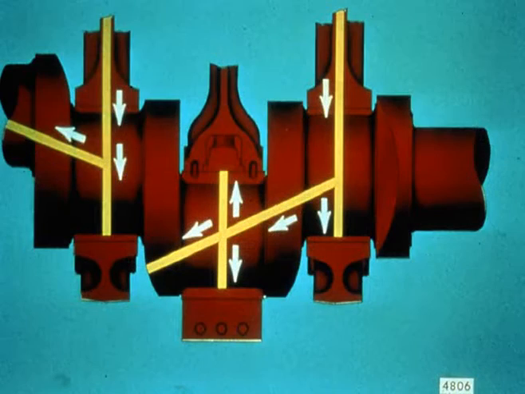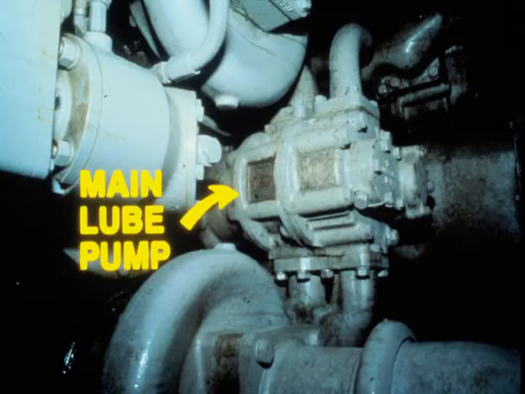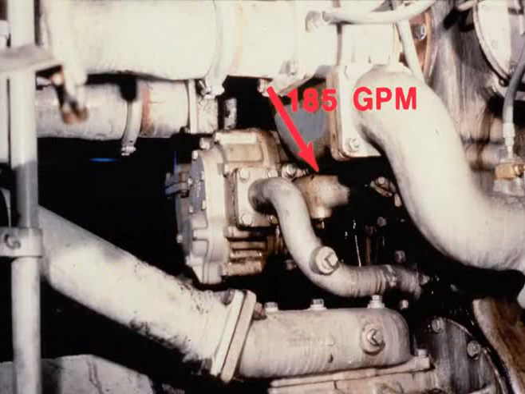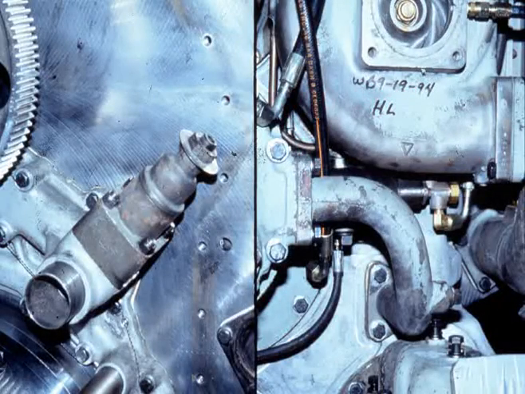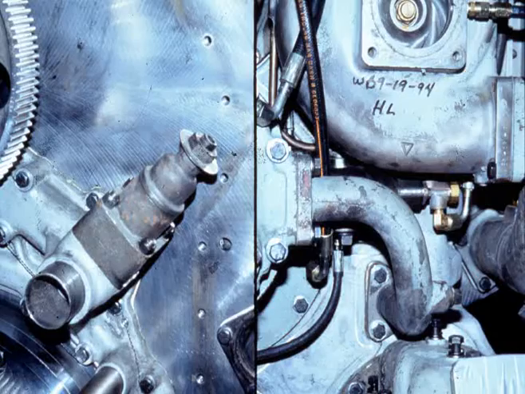The main lube oil system provides lubrication for most of the rotating parts inside the engine. The inboard pump also draws oil from the strainer housing through the two strainers and pumps it into the engine at approximately 185 gallons per minute at full speed. Directly after the pump are two protective devices.